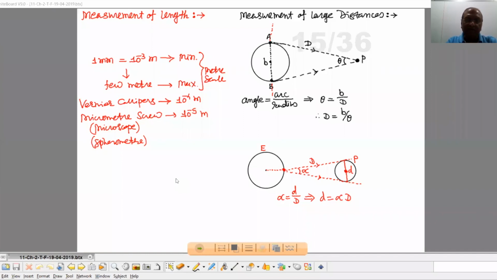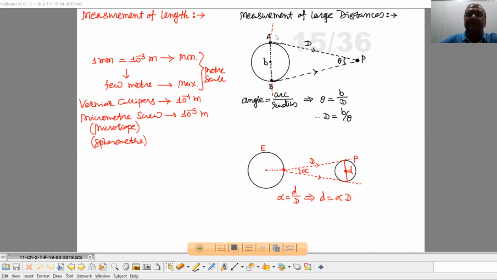Now suppose we want to measure the distance between the earth and a planet. What we have to do here is fix two positions at the surface of the earth, and from these two positions fix two directions to the planet.